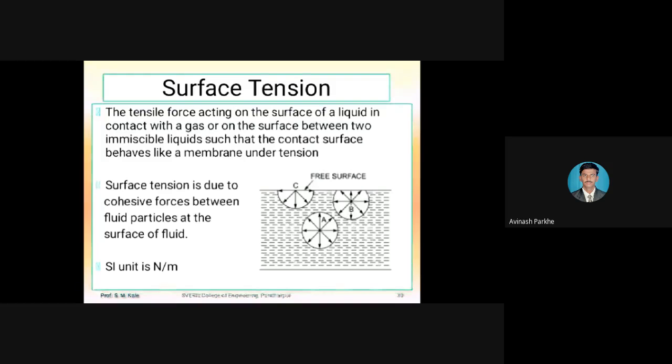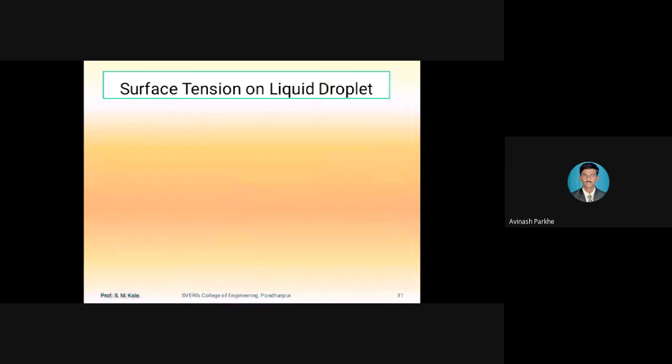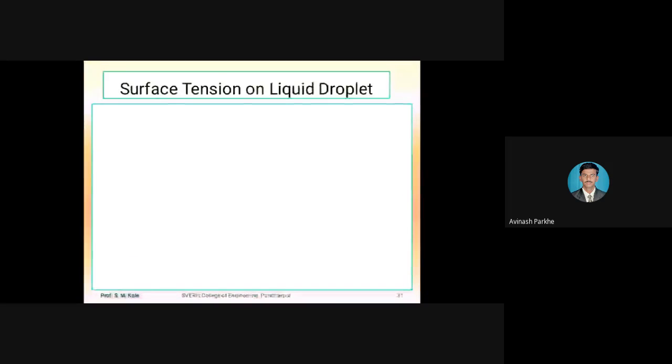After that, we have seen the derivation related to surface tension on a liquid droplet. Here we have considered one liquid droplet, which will be in spherical shape.